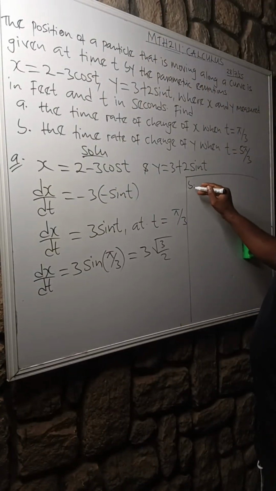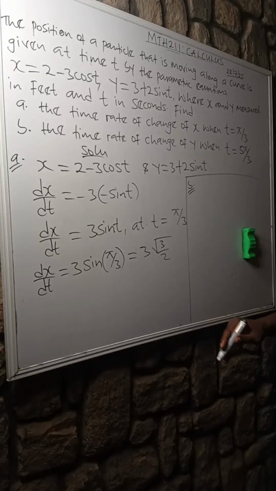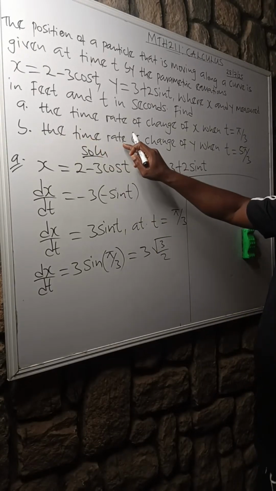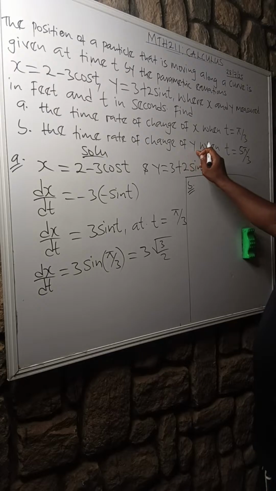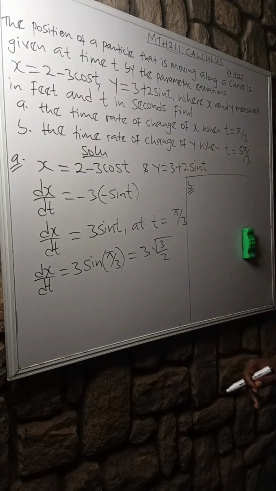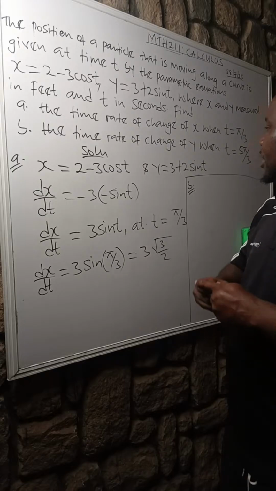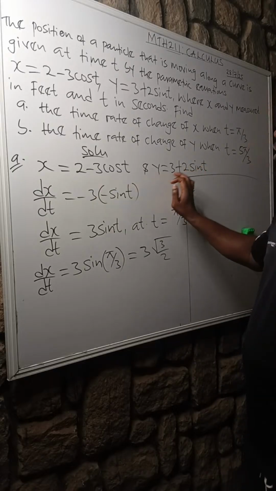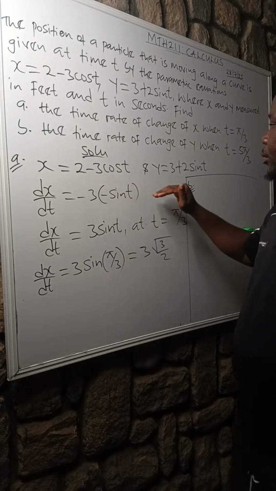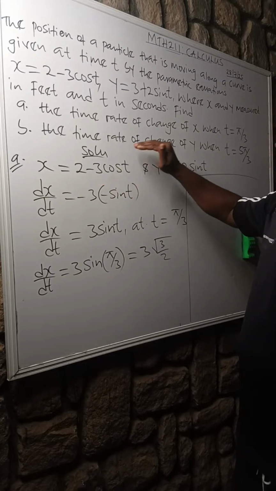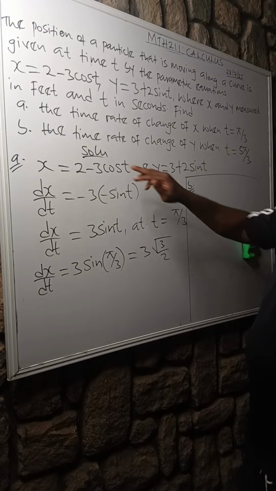B part of the question says, the time rate of change of y when t equals 5 pi all over 3. So out of these two equations, these two functions, which one is this question referring to?